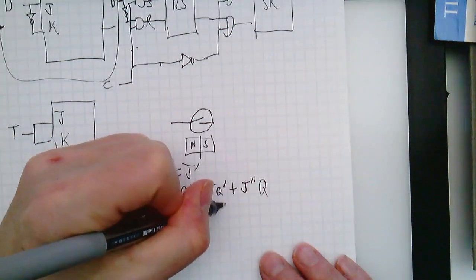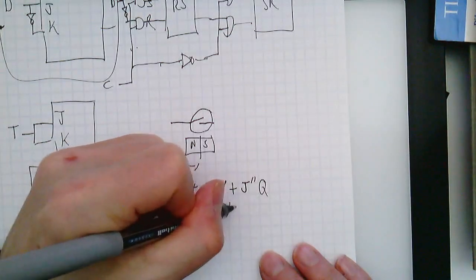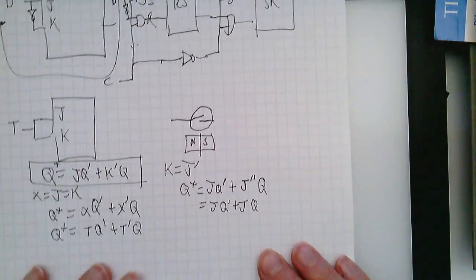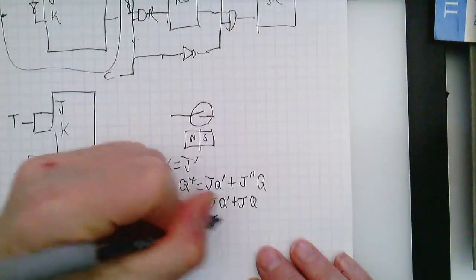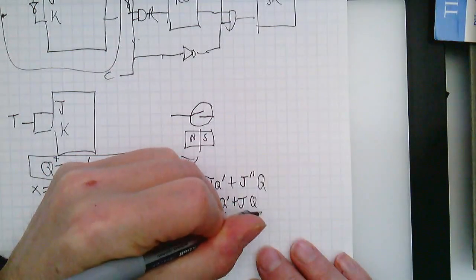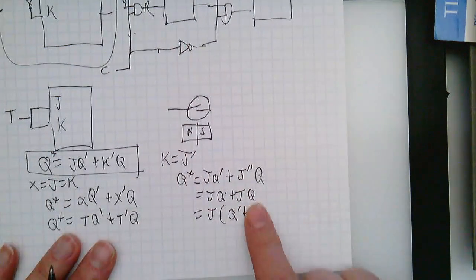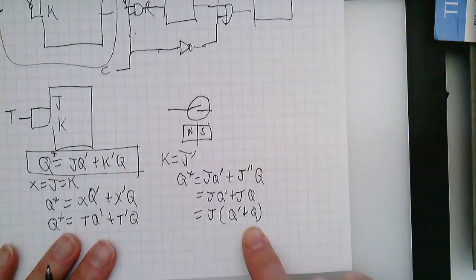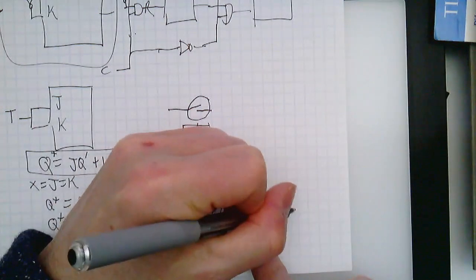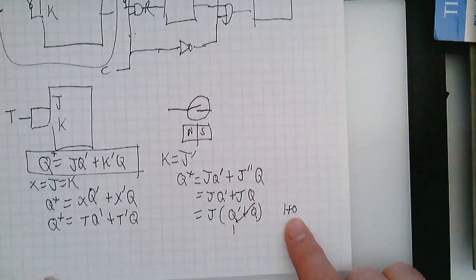J. Q prime or J Q. So now I can factor it out. J times Q prime or Q. What's Q prime or Q? Well, that's 1, right, because that's like 1 or 0. 1 or 0 is equal to 1.